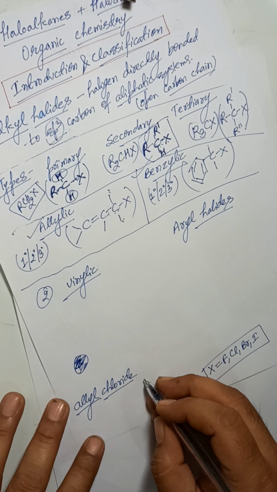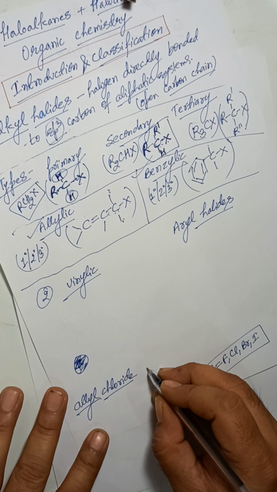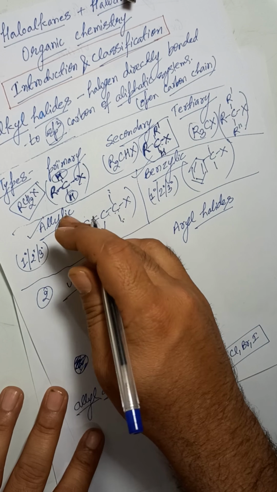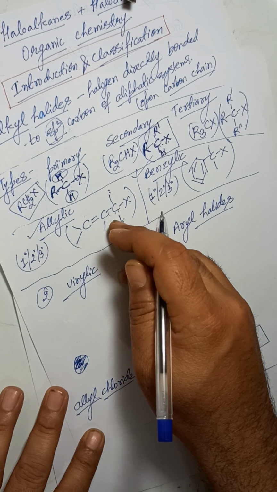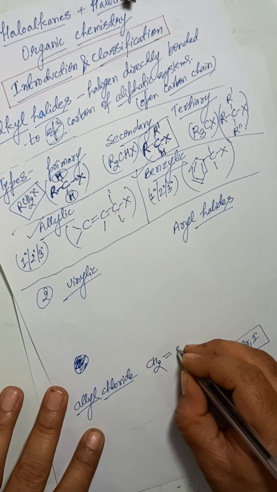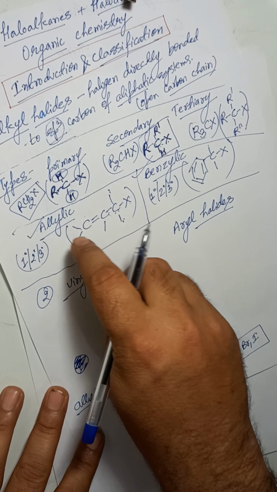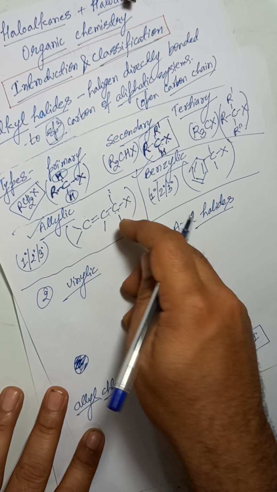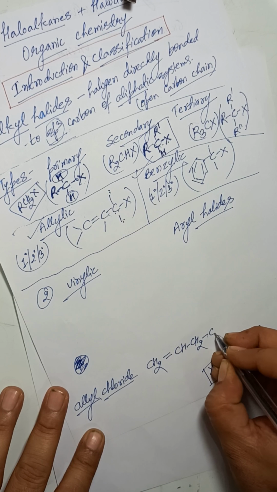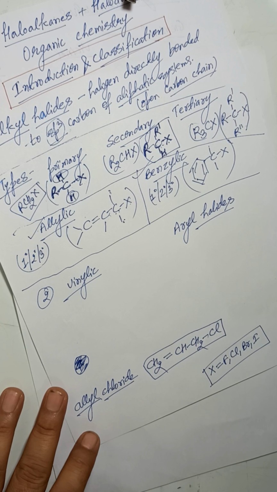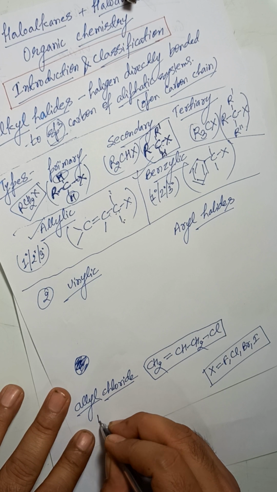Now, the simplest allylic system would be CH2=CH-CH2 with hydrogens, and X is Cl here. So this is allyl chloride. This is the simplest system.